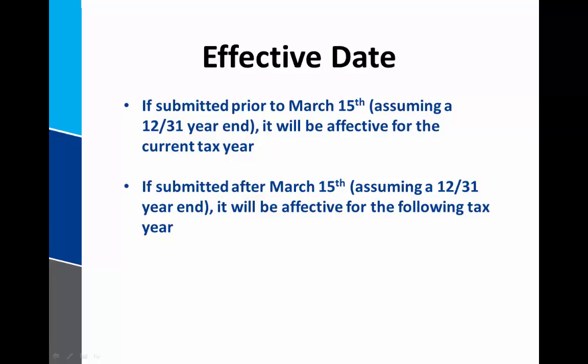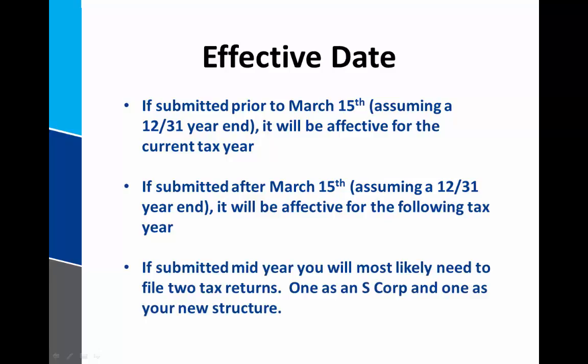But if you actually state a date in the letter, whatever date you state is the date that the IRS will allow that S election to be revoked, as long as it's after the date that it was submitted. You can't go retroactive, so it has to be a date in the future or the date that you submit it. If you do that, normally you're going to have two different tax returns required to be filed.